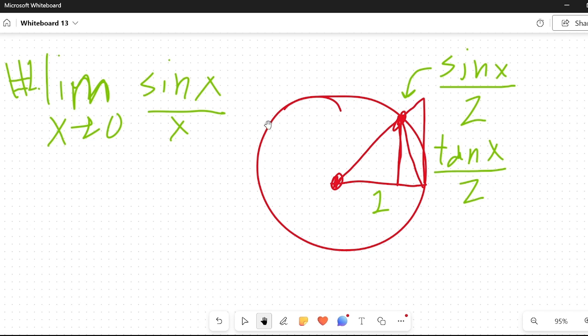So if we want to find the limit as x approaches 0, let's plug in 0 to both these functions. Sine of 0 is equal to 0, and 0 over 2 is just 0.